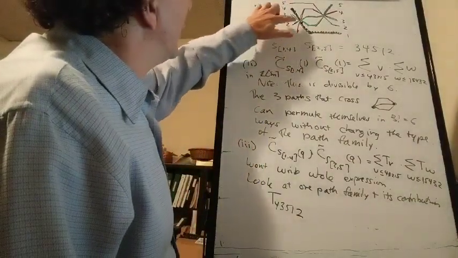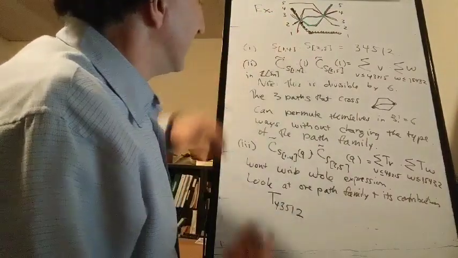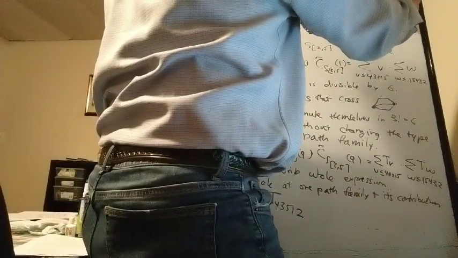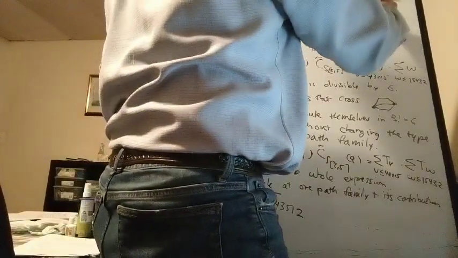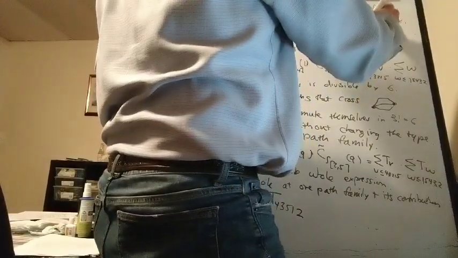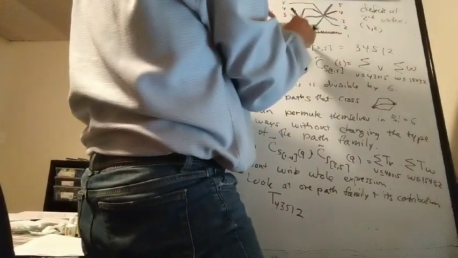So 1 and 2 cross and then they meet again. So the defects at the second vertex are 1 and 2. They cross and then meet again.